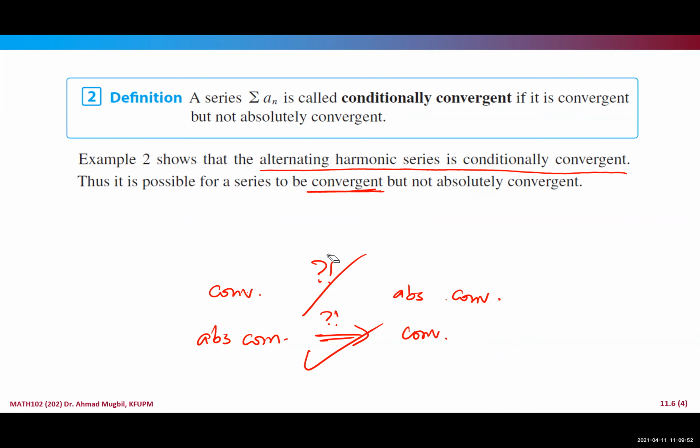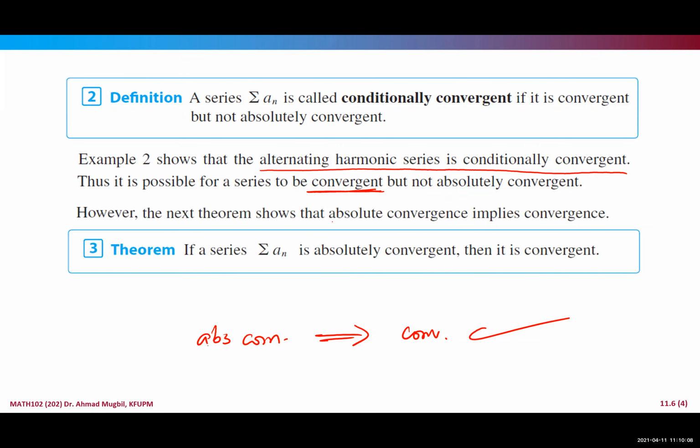So convergence does not imply absolute convergence. But if it is absolutely convergent, it is convergent. The absolute convergence implies the convergence, and we have a theorem about that.